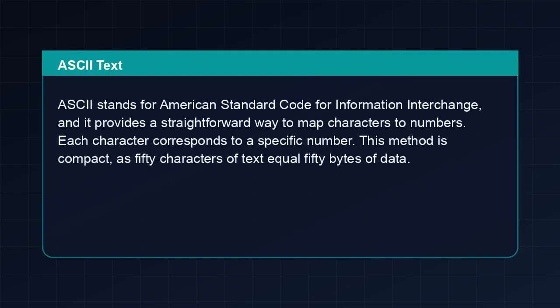ASCII stands for American Standard Code for Information Interchange, and it provides a straightforward way to map characters to numbers. Each character corresponds to a specific number. This method is compact, as 50 characters of text equal 50 bytes of data.